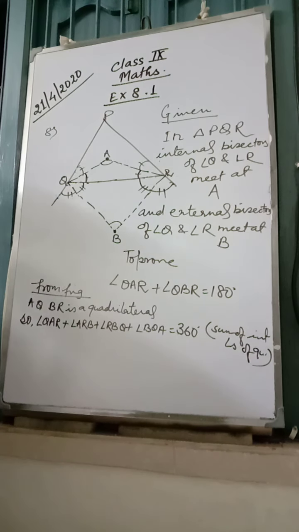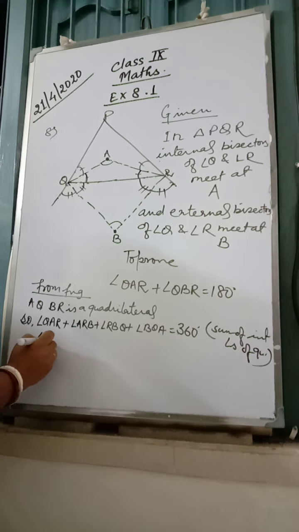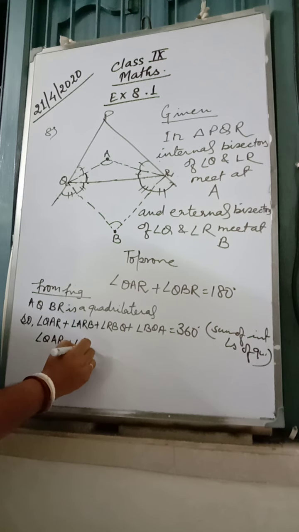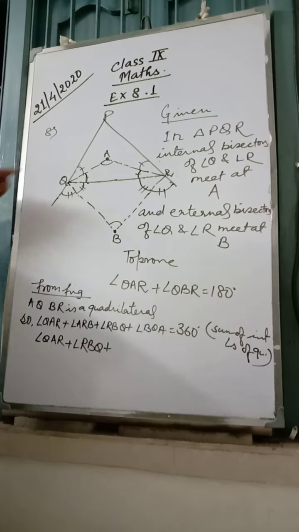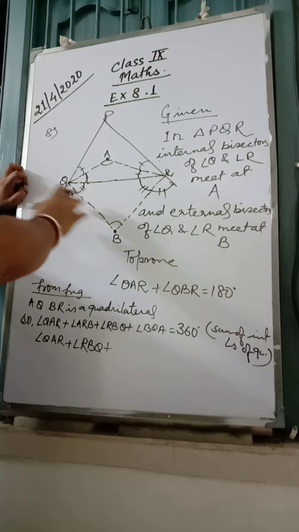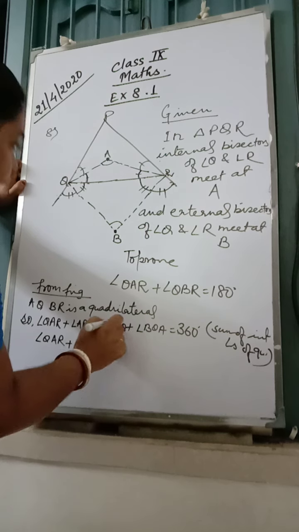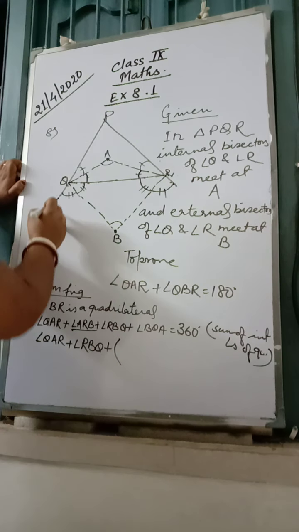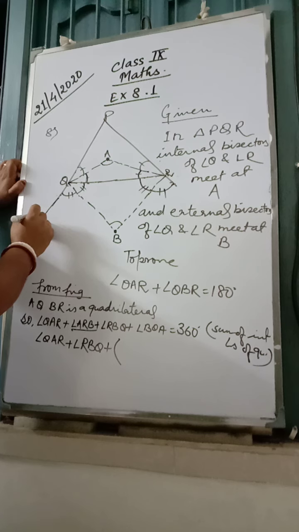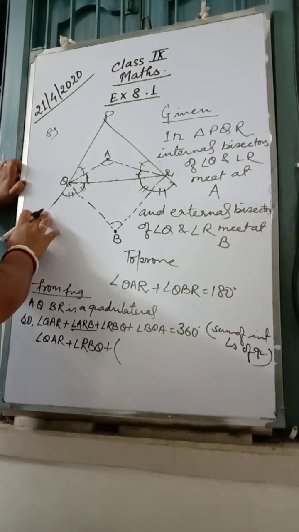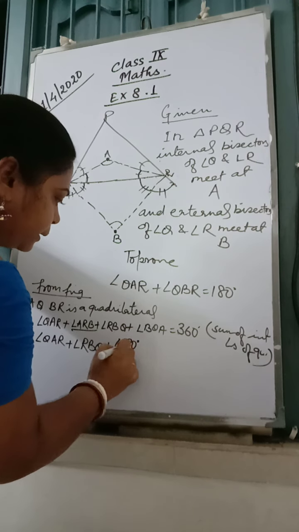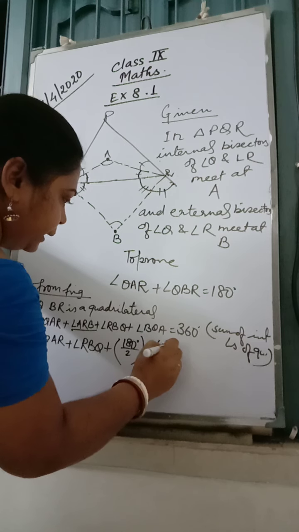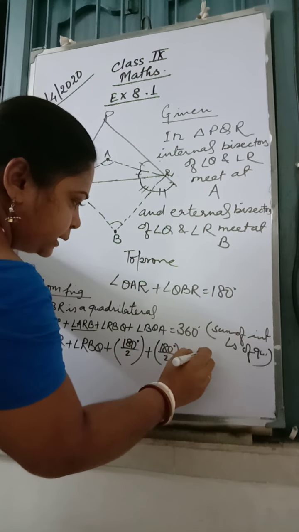Now see, angle QAR plus angle RBQ plus angle ARB and BQA, I can write it as 180 degree by 2 plus 180 degree by 2 is equal to 360 degree.